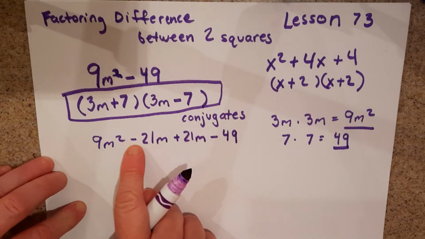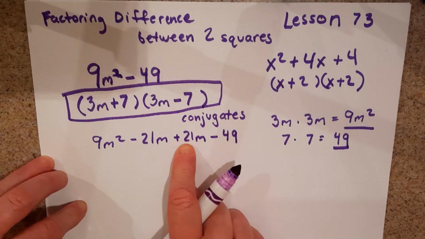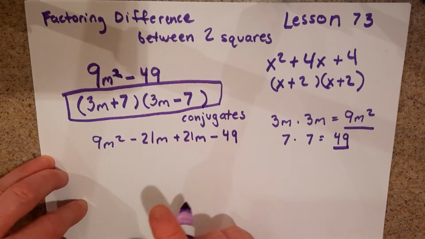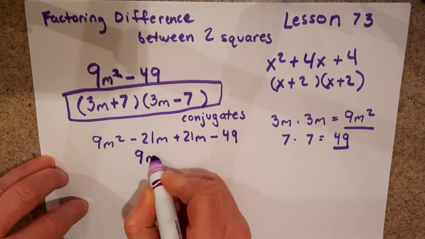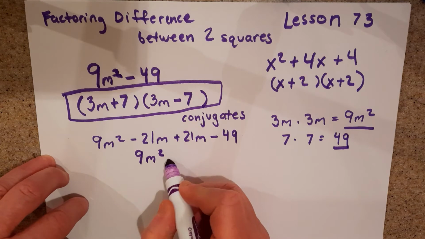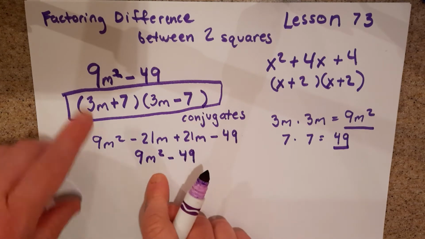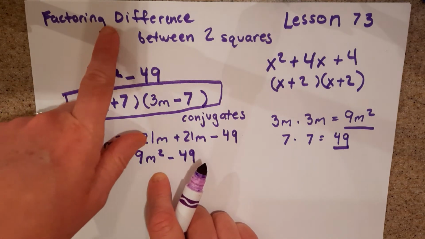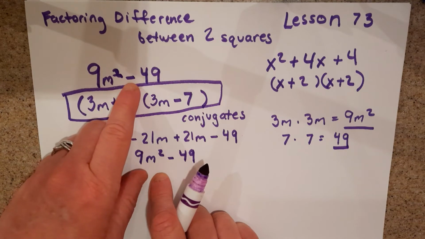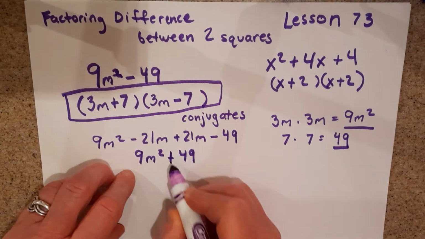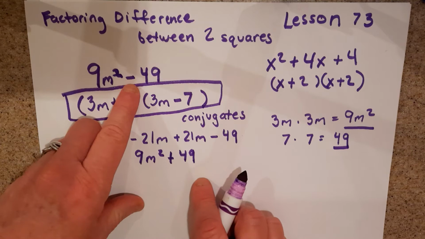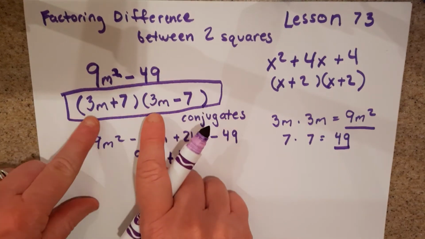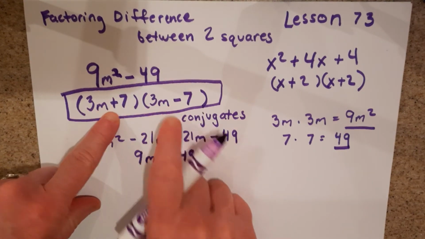When you look right here, negative 21m plus 21m, they cancel each other out, which leaves you just with what we started out with, 9m squared minus 49. So that's why when you factor the difference, it only works when they're subtracted from each other. It would not work if they were added together. But when you have a difference of two squares, you can factor it into its conjugates.